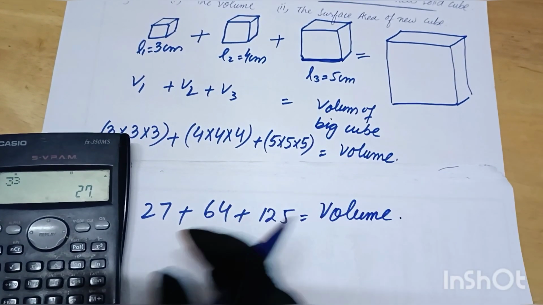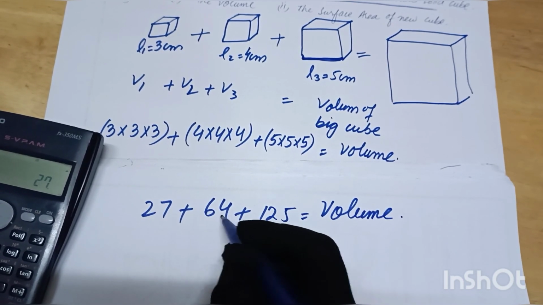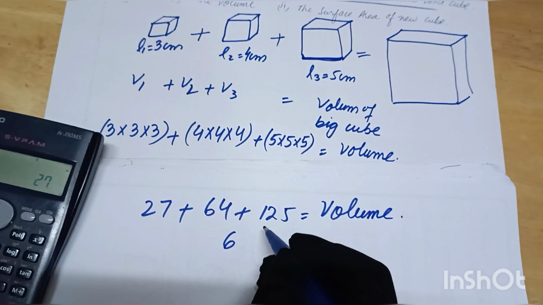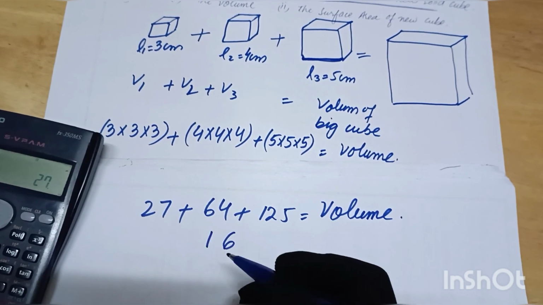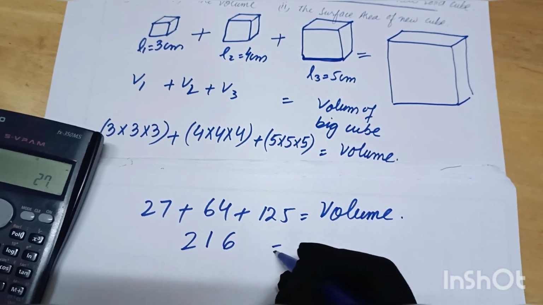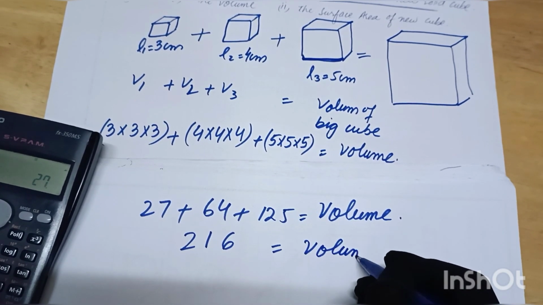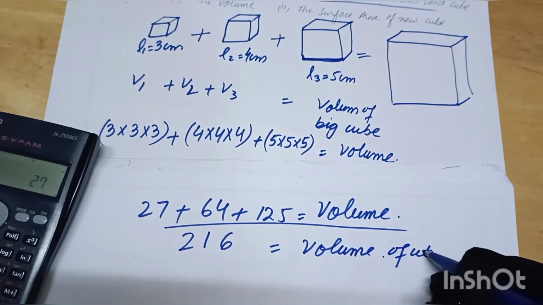Adding these: ones column, 5 plus 4 is 9, 9 plus 7 is 16, 1 carry. 2 plus 6 is 8, 8 plus 2 is 10 and 1 carry is 11, 1 carry 1 and 1 is 2. This is the volume, so the volume of the big cube, 216, is done.